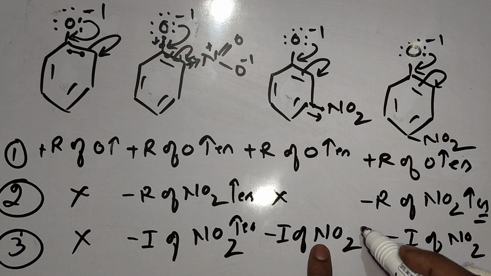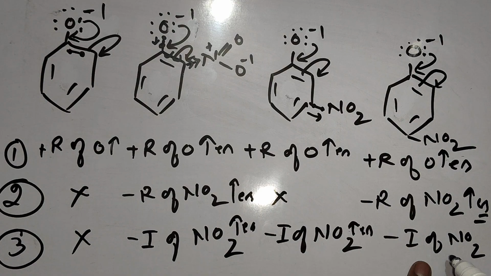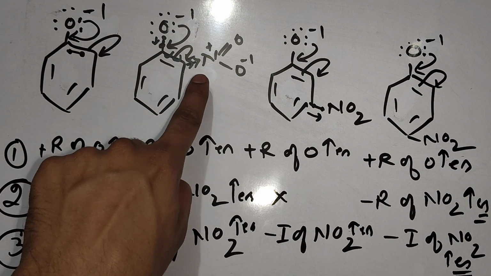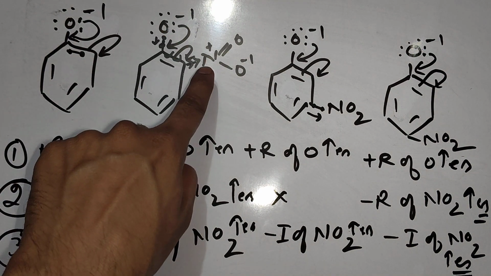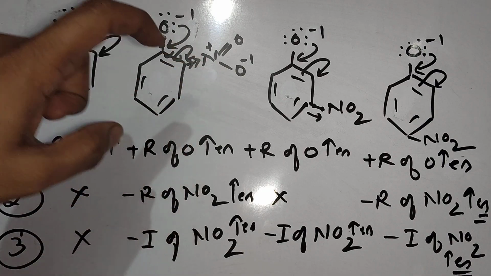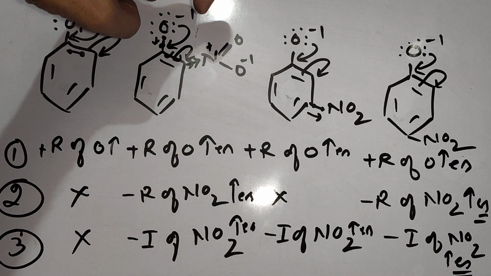Here also this effect we have. It is also trying to increase the stability. And here it is also trying to increase the stability. Now listen very carefully. Whenever you are checking the I effect, and I already told you, the I effect depends on distance. Now, the nitro group is very close to oxygen. So here the minus I effect of the nitro group is felt by oxygen strongly.